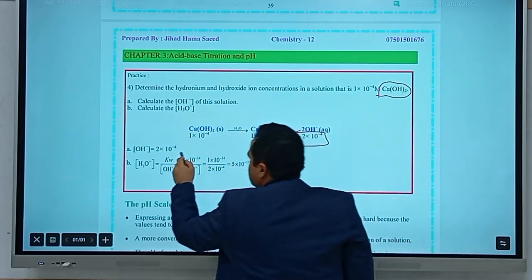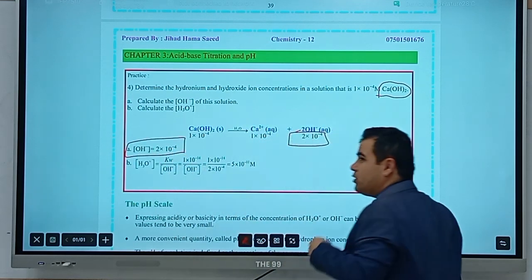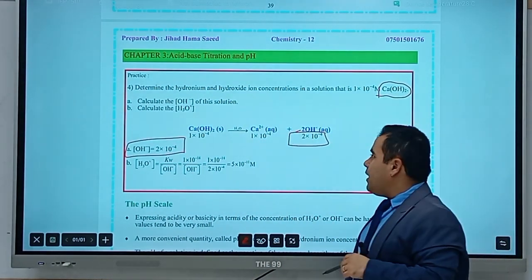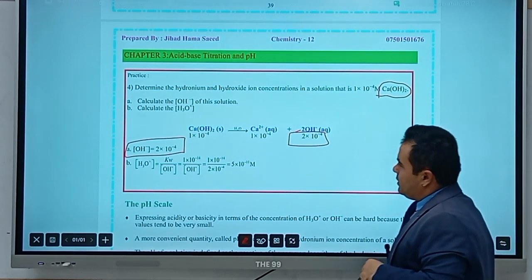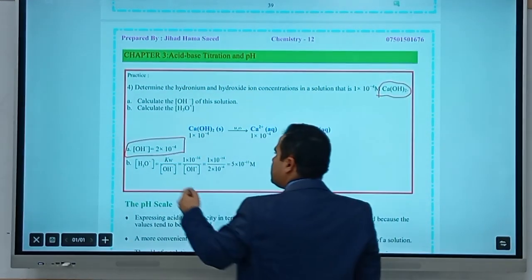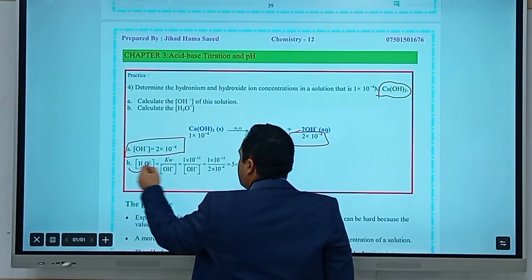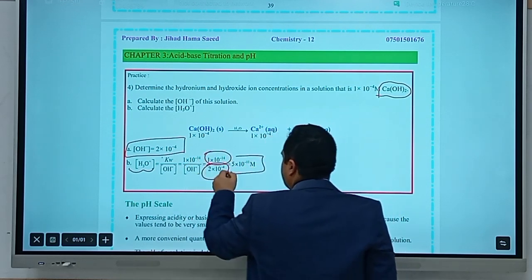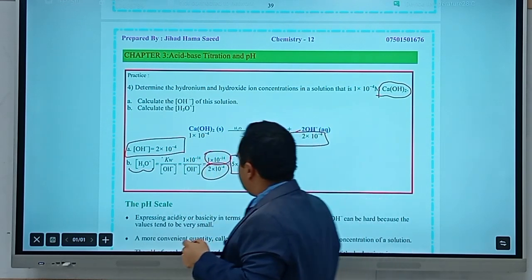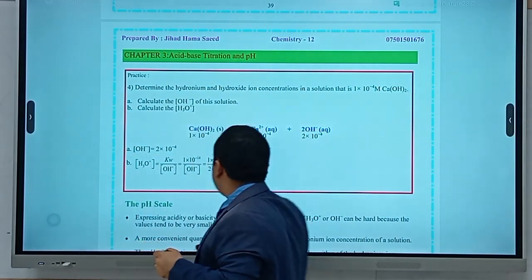So the hydroxide is equal to 2 × 10^-4, which is higher than the hydronium and higher than 10^-7, and is basic. How to convert this into hydronium? By dividing the Kw by the hydroxide, you'll get the value of the hydronium.